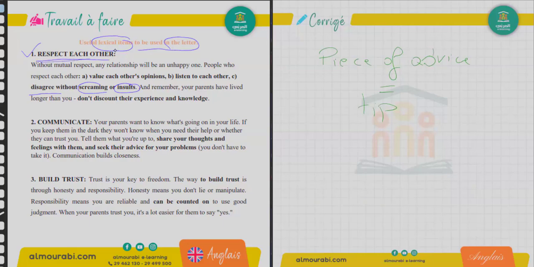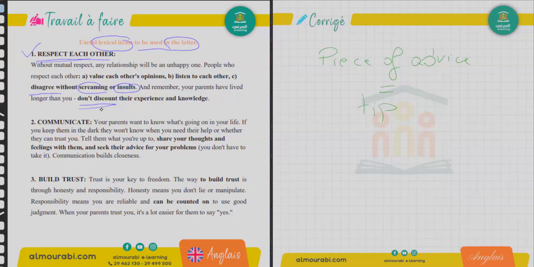No insults, no screaming. It's just you as a parent, not insulting, not screaming, and you as a kid, never discount your parents' experience and knowledge. Don't discount their life experience and their knowledge of things. That's it.